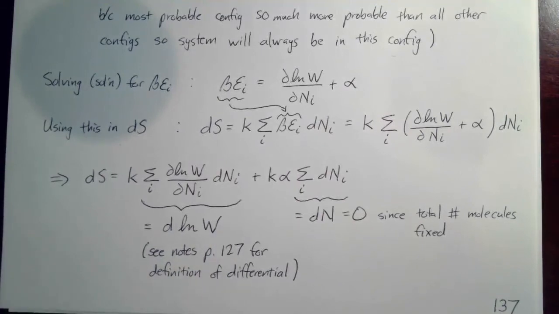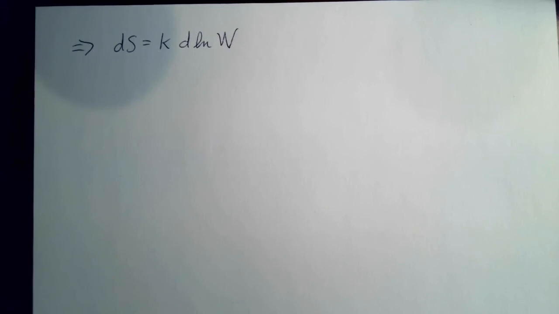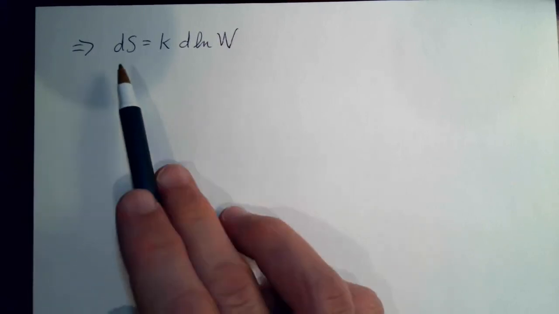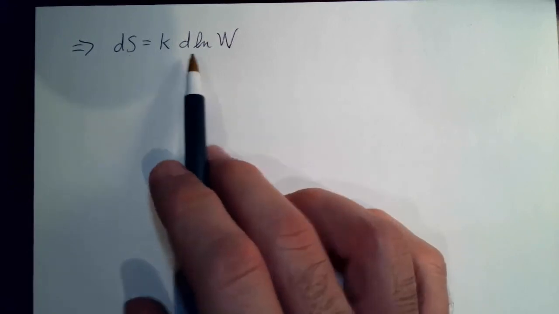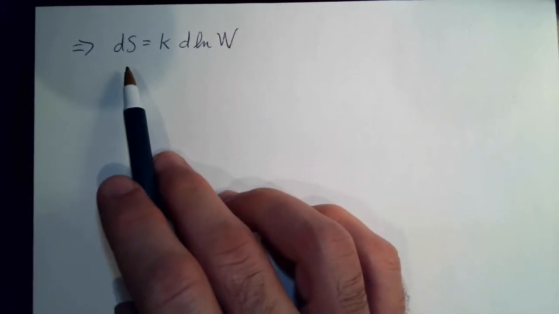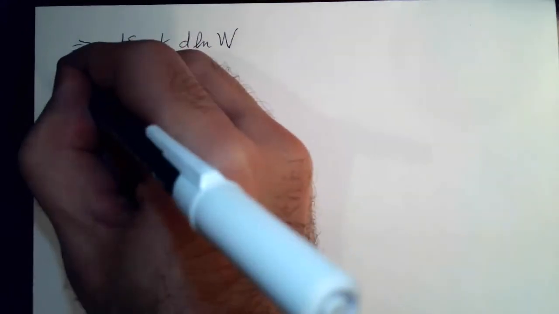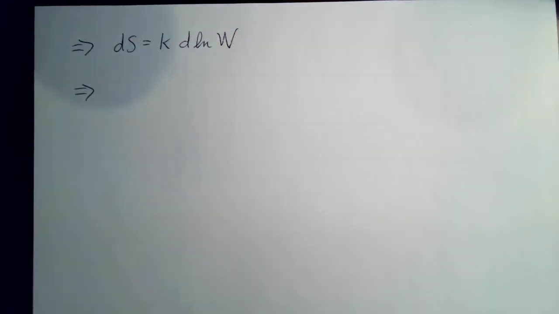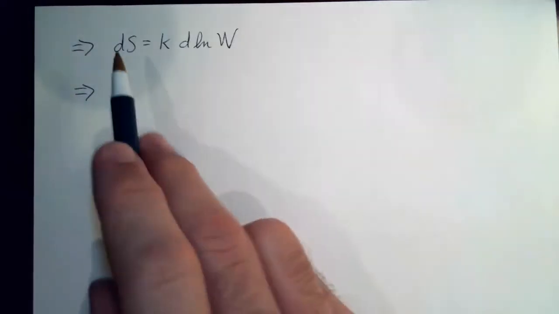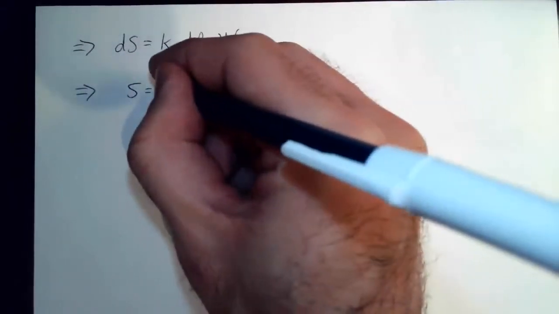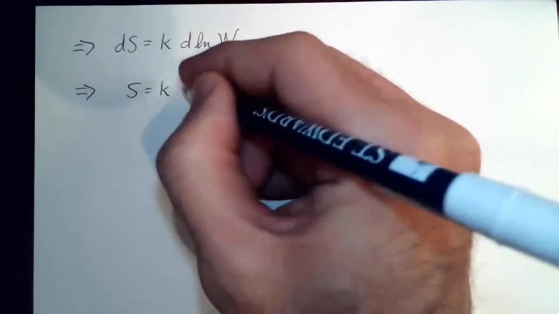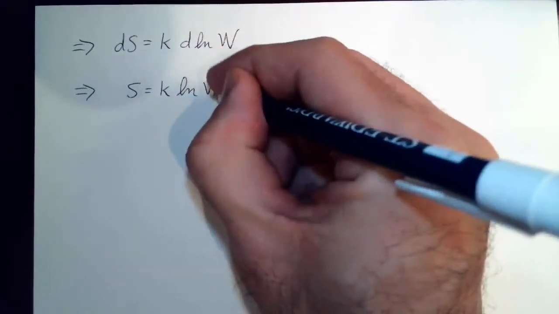And so now let me make those changes, clean this up. So everything has simplified down to this. And you see I have a differential on both sides, so I'm going to integrate this. And I need to be a little bit careful about integrating it and thinking about what the bounds of my integral are. But it's pretty straightforward, so I'm just going to jump to the punchline, which is if I integrate both sides here, this differential becomes s, k is a constant, and this differential becomes natural log w.